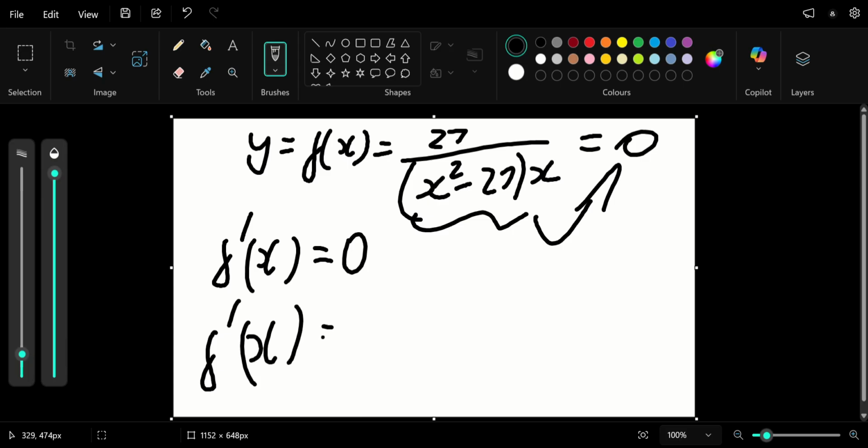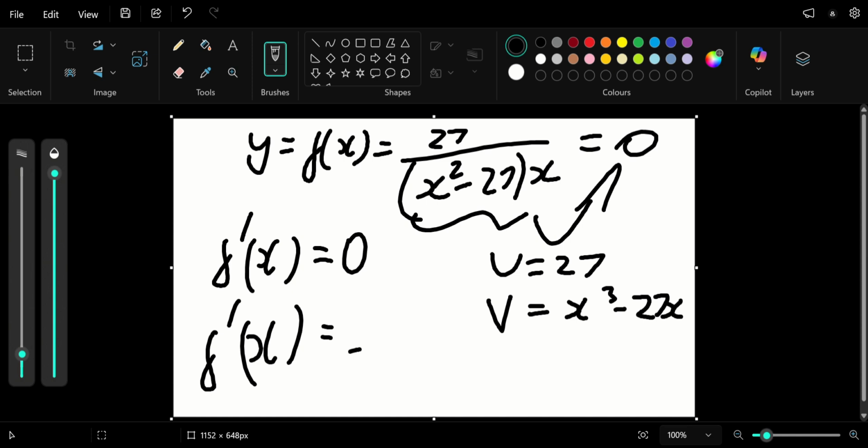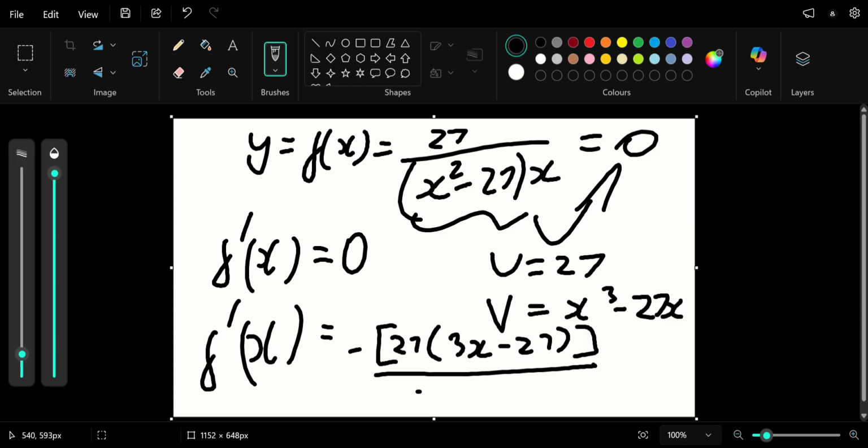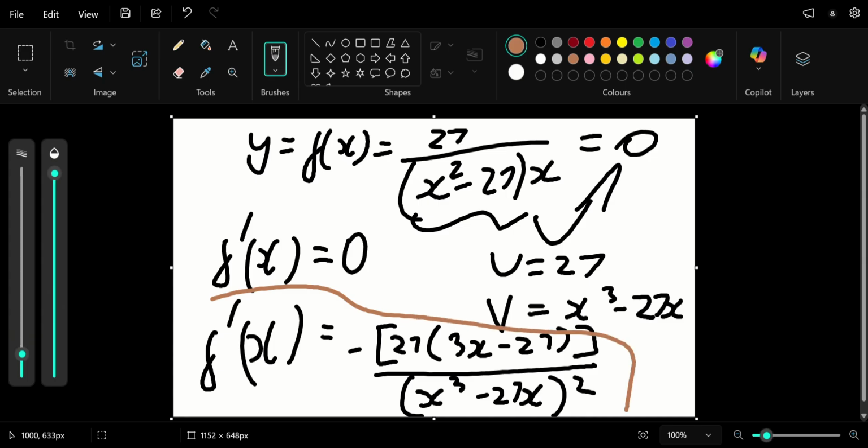So f dash of x is simply going to be, via quotient rule, where we let u equals 27 and we let v equals x cubed minus 27x, expanding through the bottom, we'll get an expression of minus 27 bracket 3x squared minus 27 all over x cubed minus 27x, the denominator, squared. So that'll be our first derivative here.